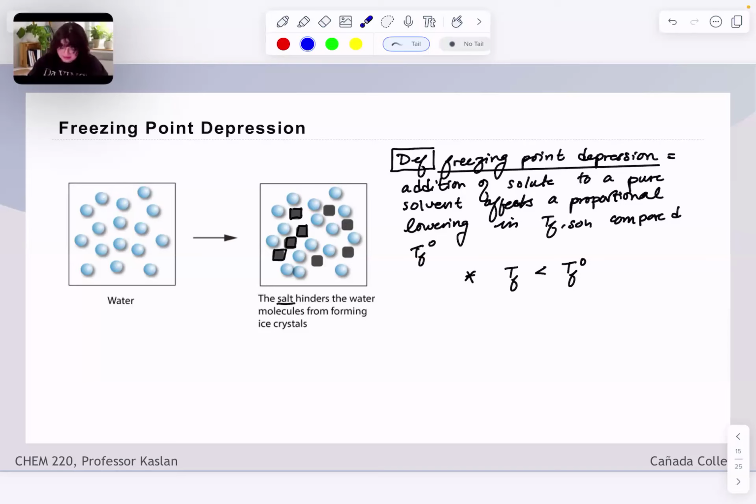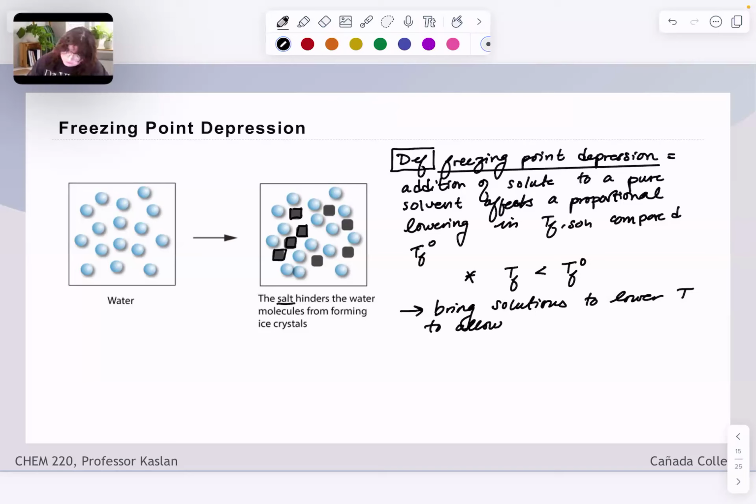So the presence of the salt is, again, like another physical blockage. So we have to bring solutions to a lower temperature to allow our solvent molecules to freeze within the solution.